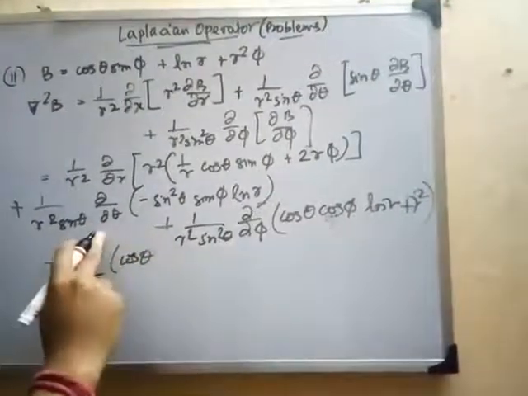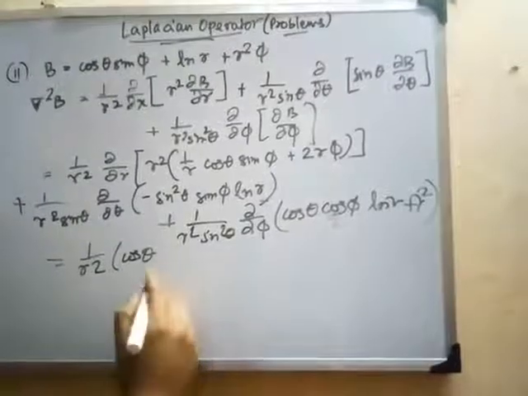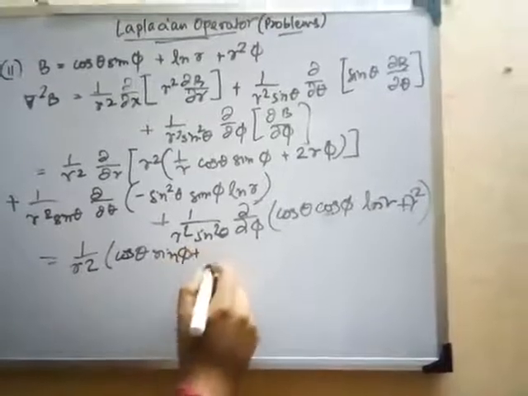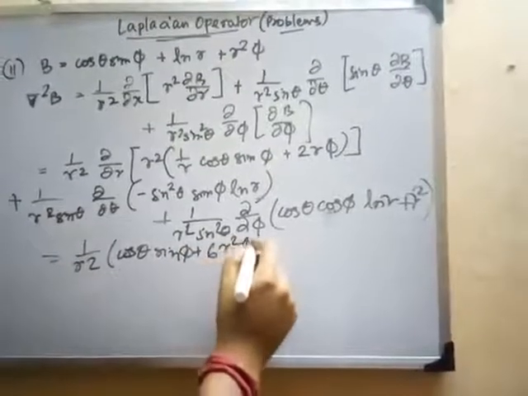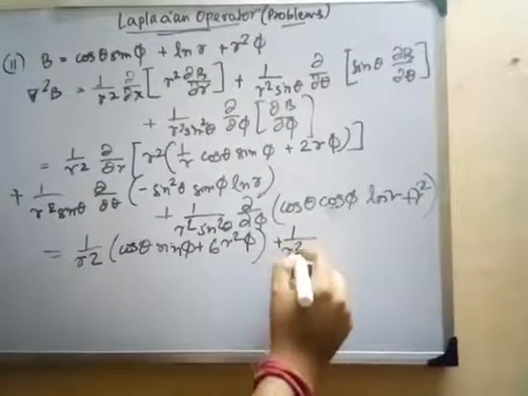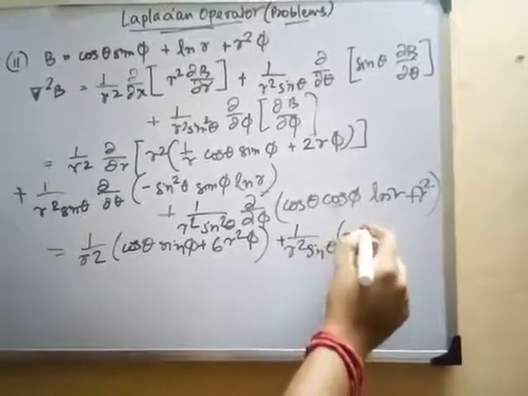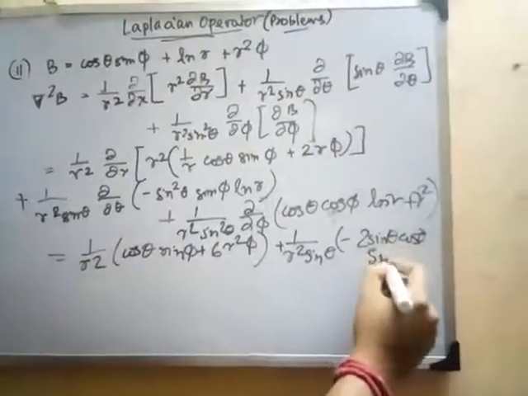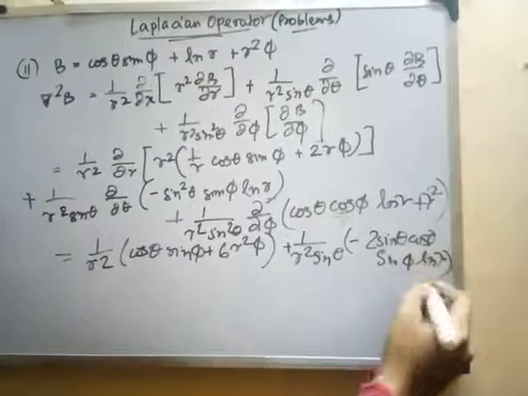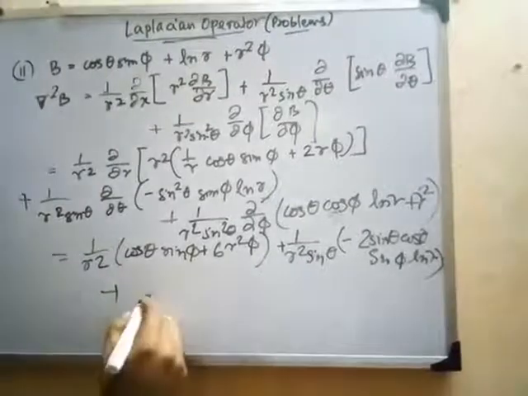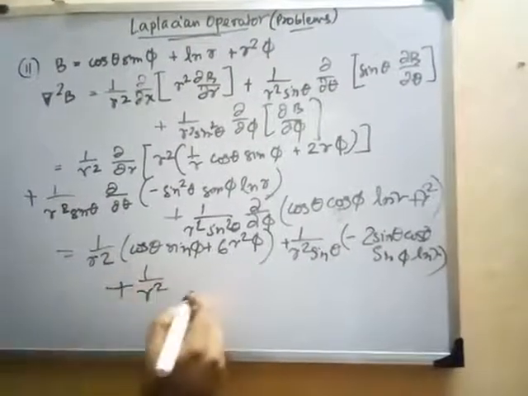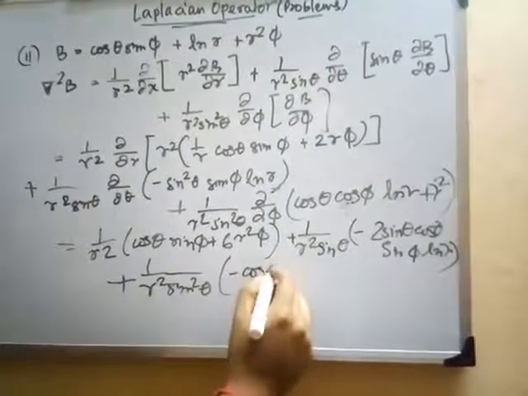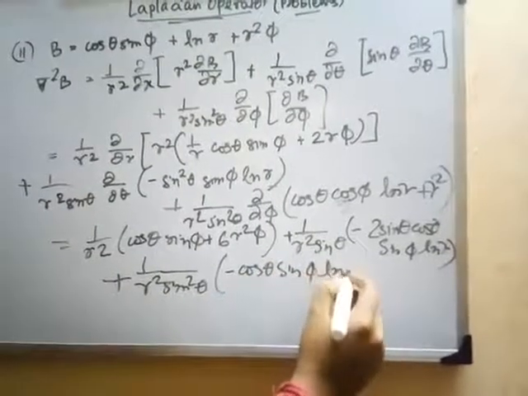We are again evaluating this differentiation. So 1 by r square cos theta sin phi plus 6 r square phi, plus 1 by r square sin theta times minus 2 sin theta cos theta sin phi ln r, plus 1 by r square sin square theta times minus cos theta sin phi ln r.